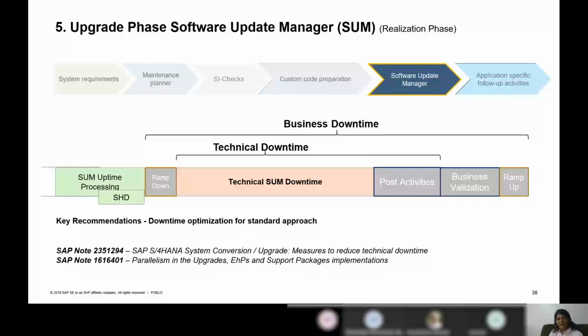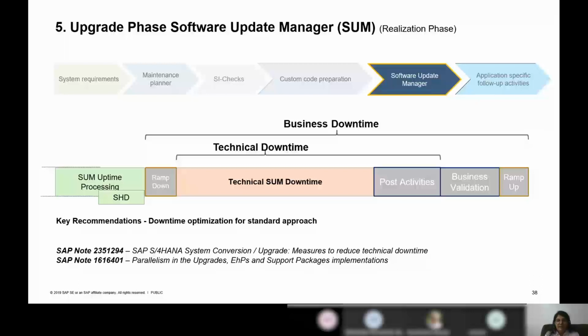So when I am doing upgrade projects, I have a technical downtime which can be controlled in a sense based on the business downtime. I can also control my technical downtime, for which you can refer to these notes. For example, if the business downtime is only 24 hours and technical downtime is going beyond 24 hours, then I can do a fine tune, right?